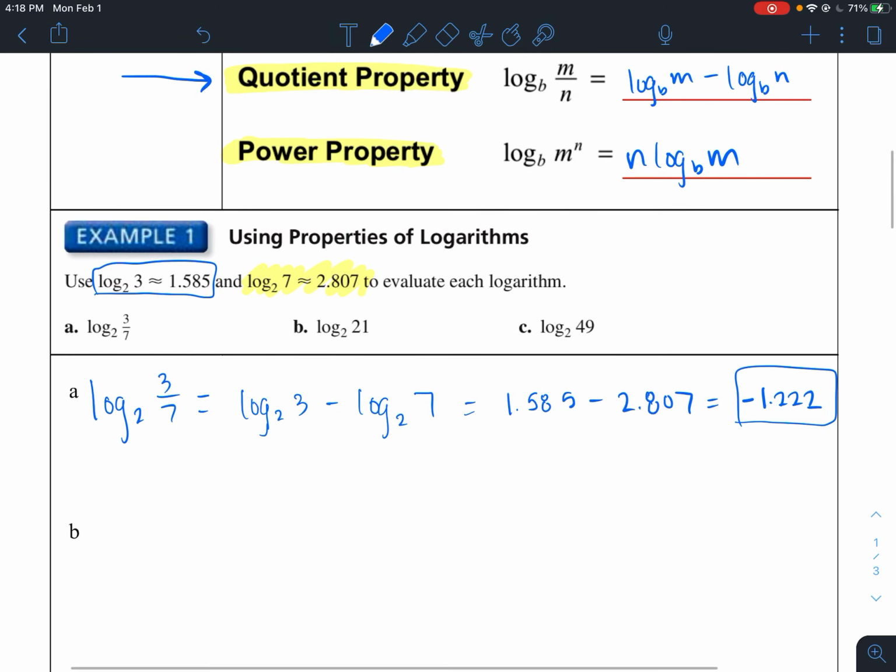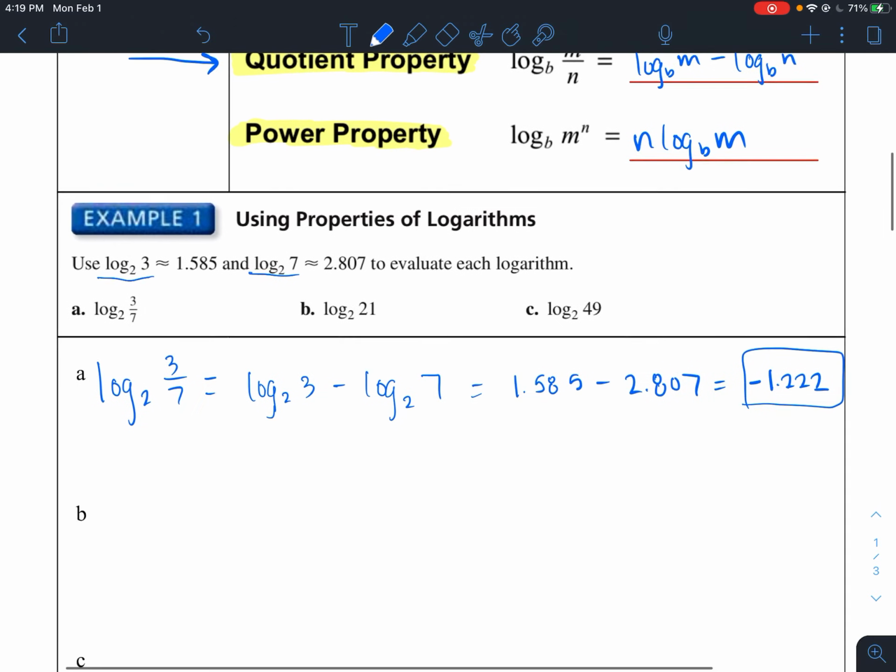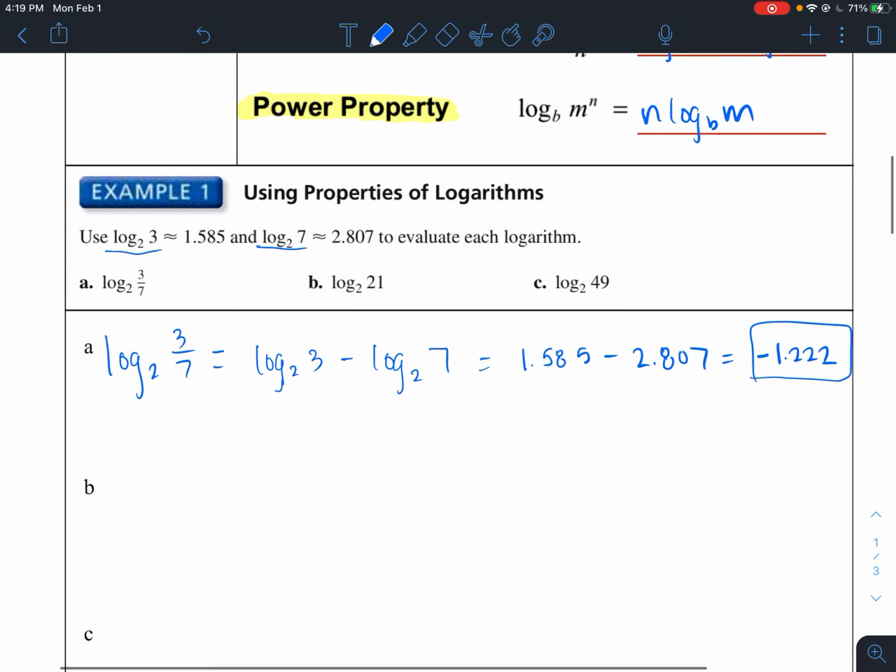So we just evaluated that logarithm by simplifying and evaluating. Alright, let's go to B. Log base 2 of 21. Now it is not given to us what log base 2 of 21 is equivalent to, but what we do know is log base 2 of 3 and log base 2 of 7. I can rewrite log base 2 of 21 as log base 2 of 3 times 7.